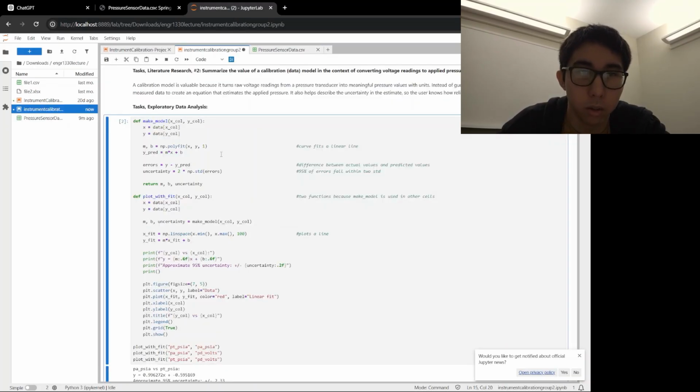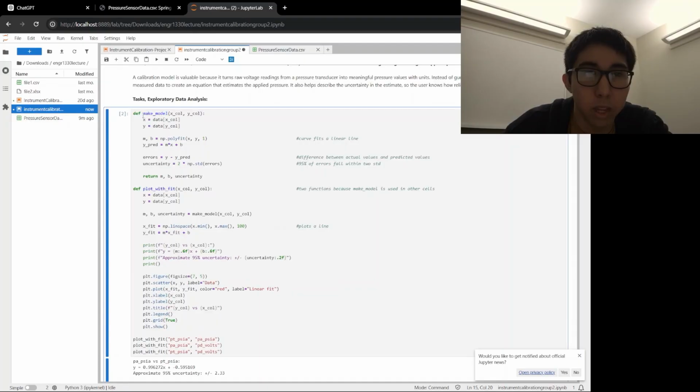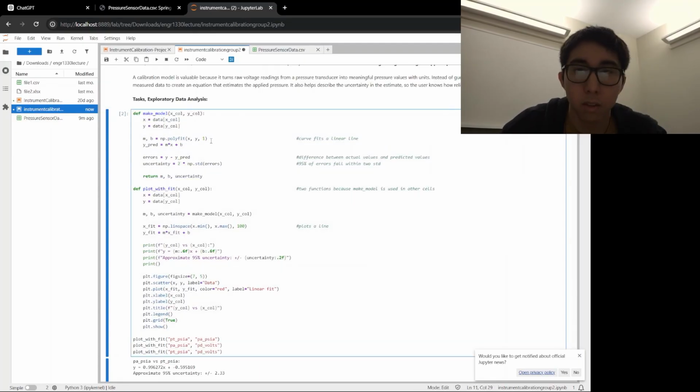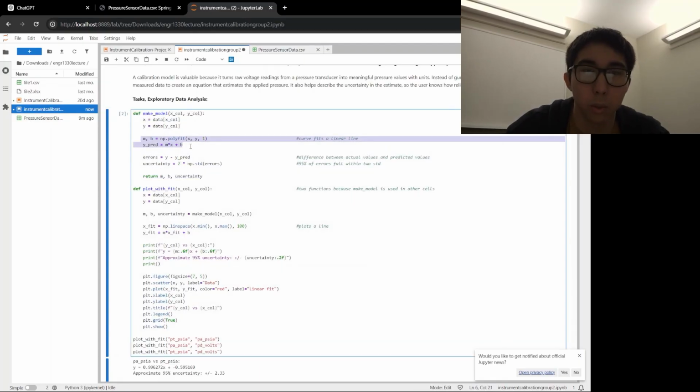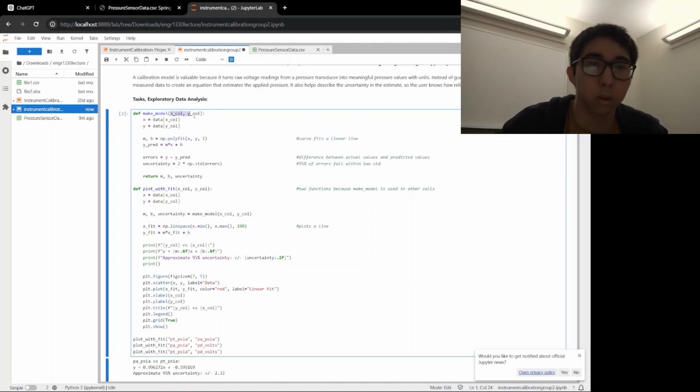Right. So this make model function finds a curve-fitted line between certain columns, or whatever the user's columns input is. It also calculates error between the actual values and the predicted values, and then calculates the uncertainty level.